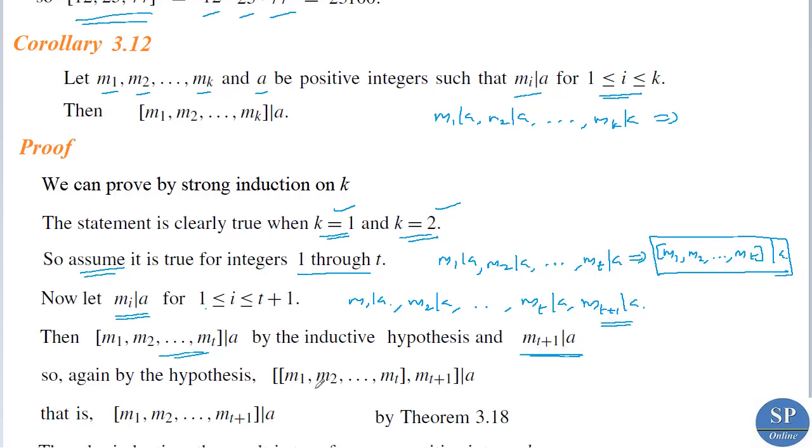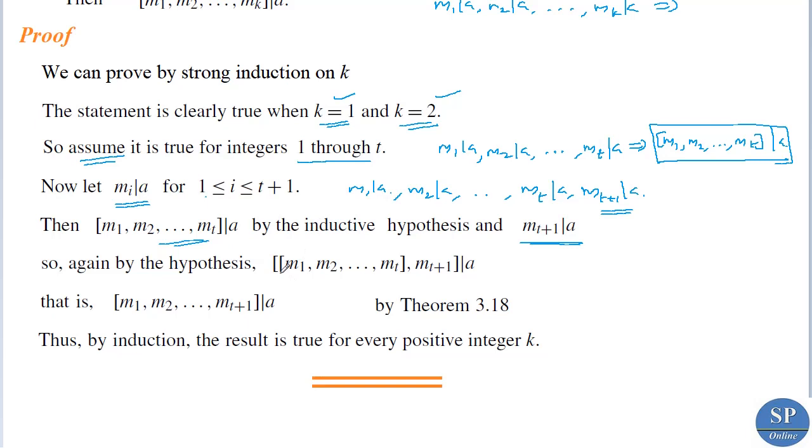That is, one number is the LCM of m1, m2, etc., mt, and mt plus 1 is another number. So the LCM of this LCM and this number also divides a, because this divides a and this divides a. So we have the LCM of these two numbers, one number is this and the other number is this, and it also divides a.